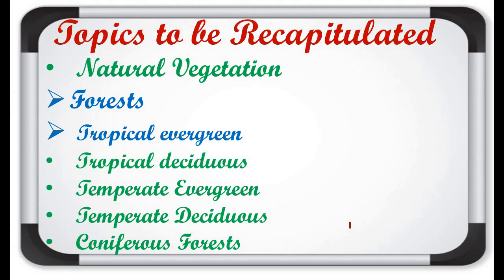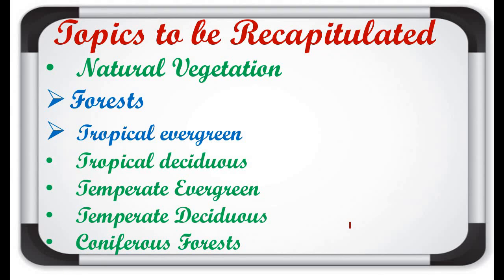About all these forests we studied in yesterday's lecture. Tropical evergreen means the forests in which plants remain green throughout the year. They are found in hot and humid climate. The trees in these forests do not shed their leaves at the same time.